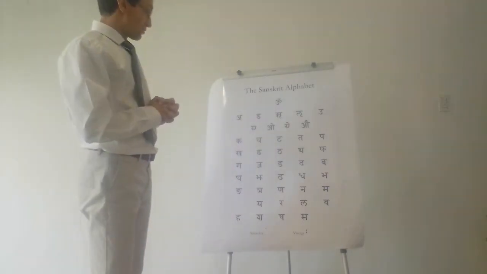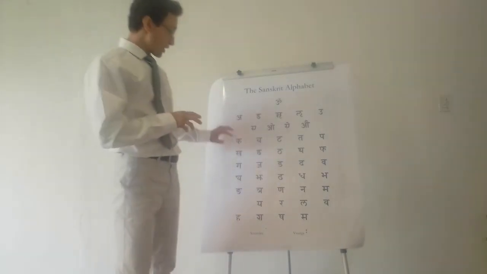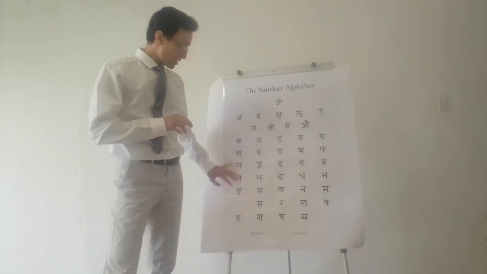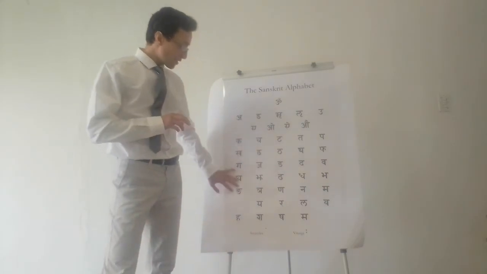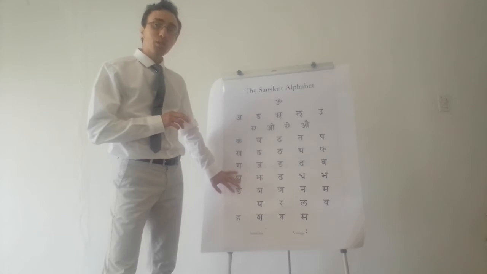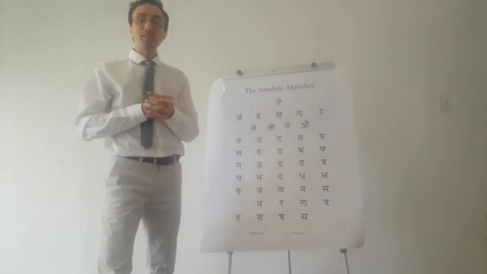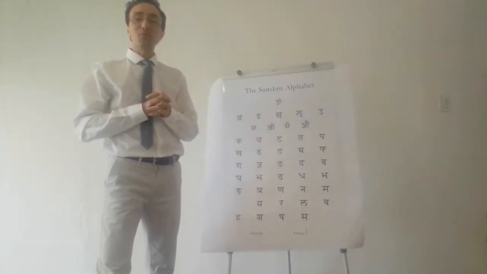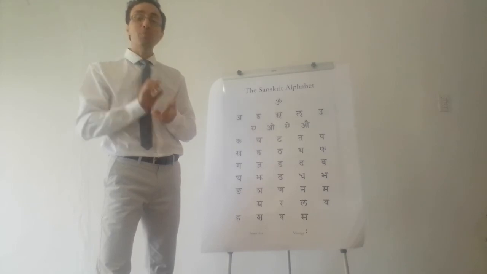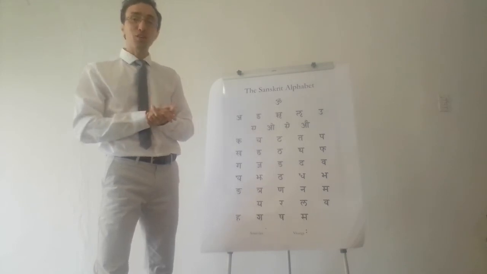Now, when you want to pronounce the consonants in the kantaha group, you need to keep the tongue quiescent in the lower palate, and the tip of the tongue touches up against the backs of the lower teeth.